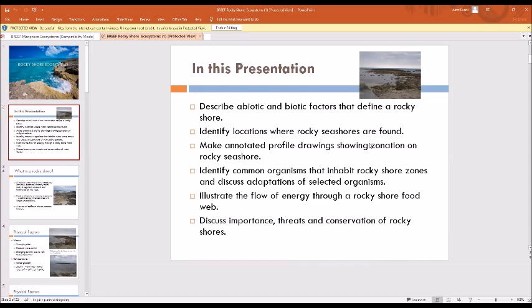And then we will also learn about the different organisms that you find, the importance of this ecosystem, and how energy is going to flow through this ecosystem, as well as some of the adaptations of some of the organisms that live in this ecosystem and how those adaptations are going to help those organisms to survive.